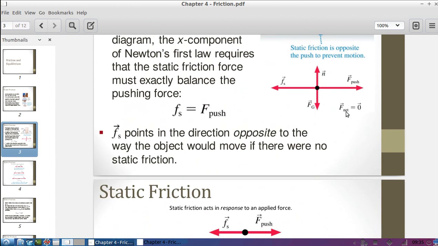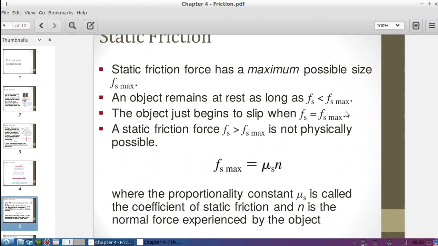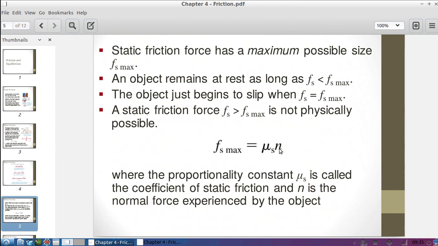So the frictional force is directly proportional to the normal force on the object. And mu is our coefficient of friction. It's unitless. If I divide both sides by the normal force, I get the friction divided by the normal. They'd both be in newtons.